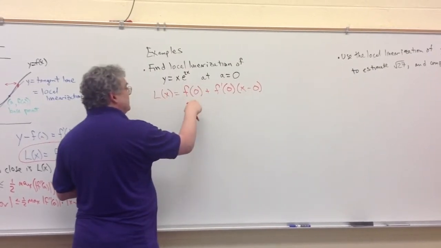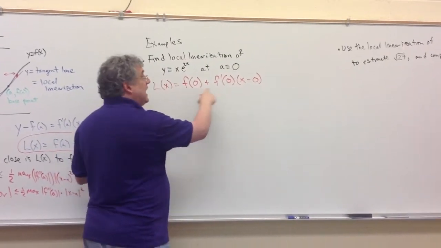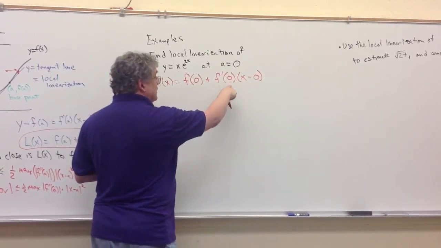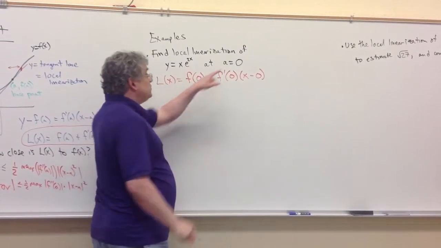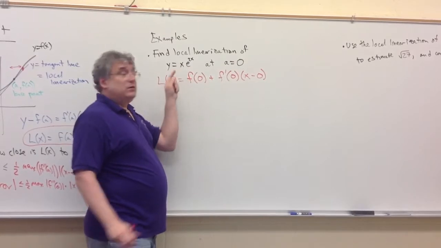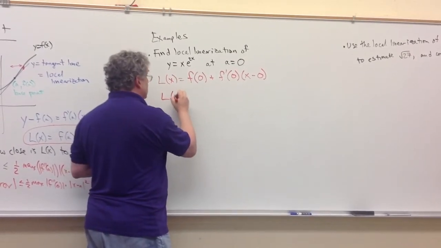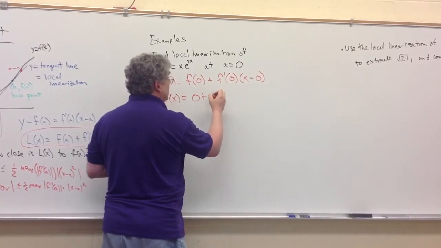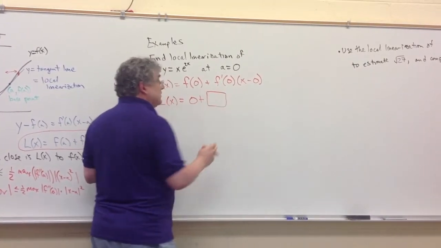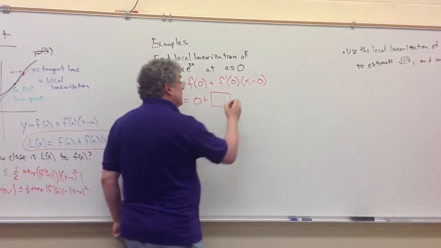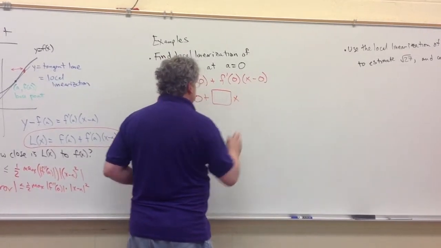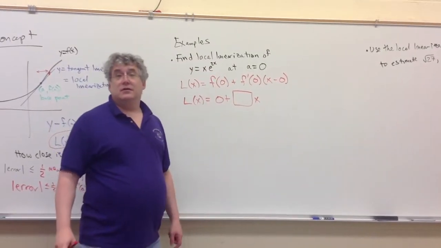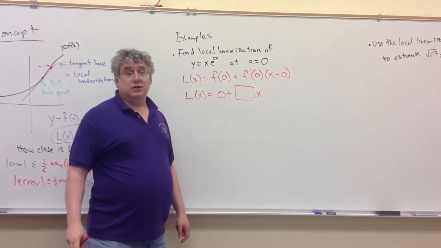Now that means we need the value of the function here, and we need the derivative here. I know what the value is. When I plug 0 in for x, I get 0. I don't know that slope yet. I'll figure it out. X minus 0 is just x.